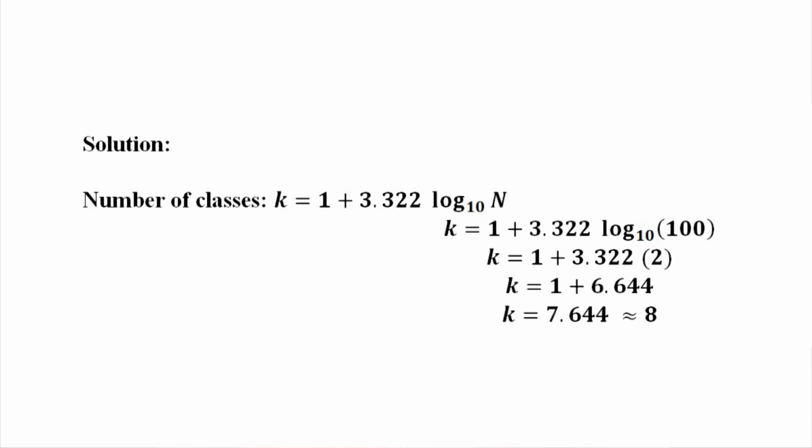Therefore, k is equal to 1 plus 3.322 into 2, which implies k is equal to 1 plus 6.644, which implies k is equal to 7.644, which is approximately 8. Hence, the number of classes is equal to 8.